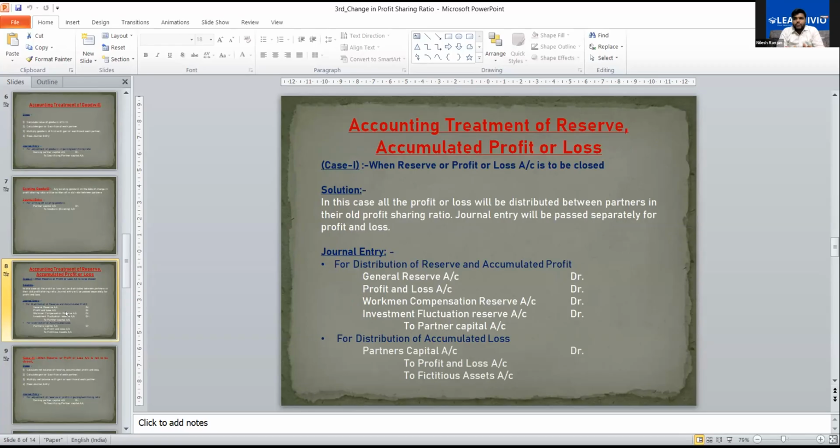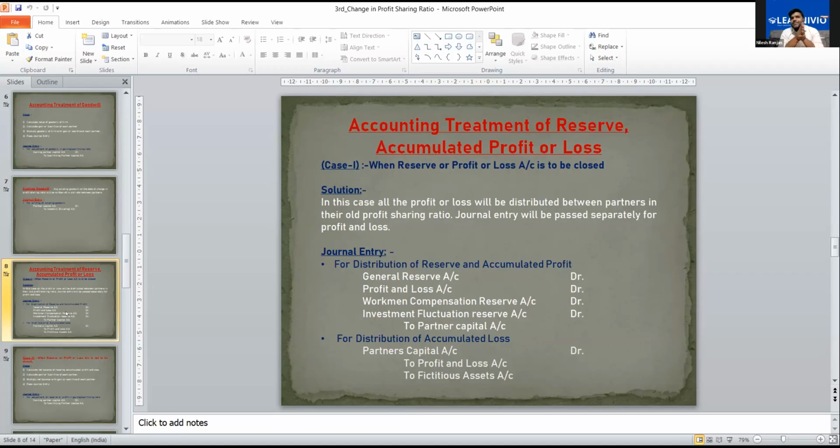So all the reserve, profit or loss will be distributed in the old ratio, and we have to pass separate entries for profit and loss. So there will be two entries in the first case, and also two calculations, two distributions, because profit will be distributed separately, loss will be distributed separately.